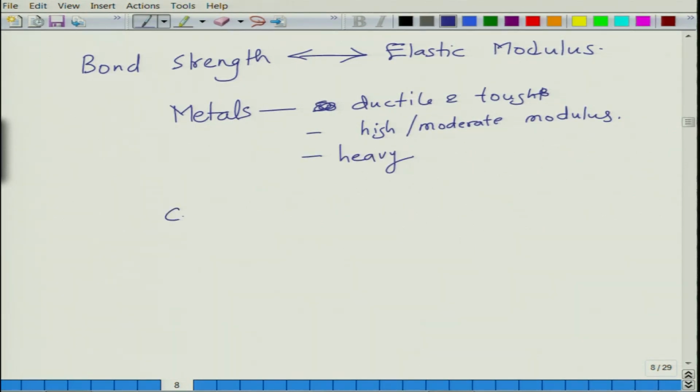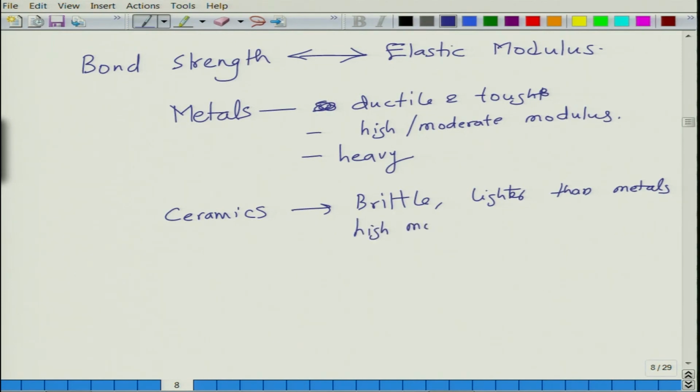If you look at ceramics, which are either covalently bonded or ionically bonded, they are brittle, they are lighter than metals, but they have high modulus by and large.